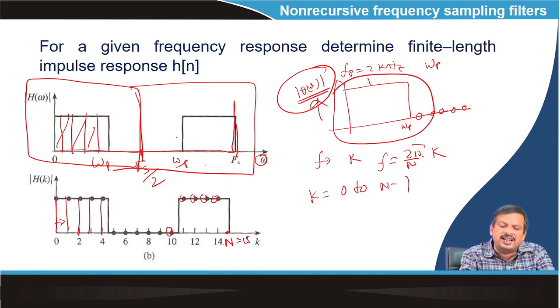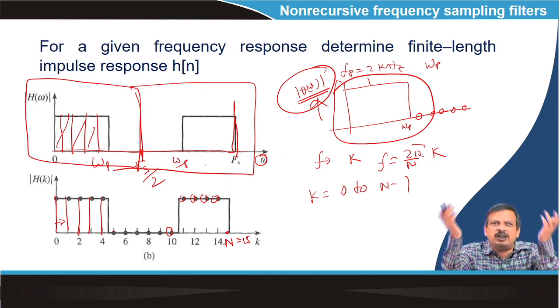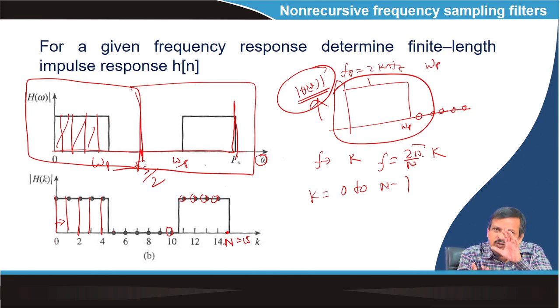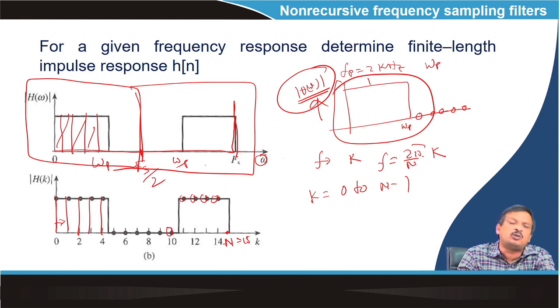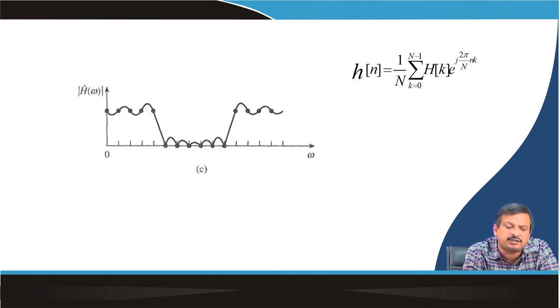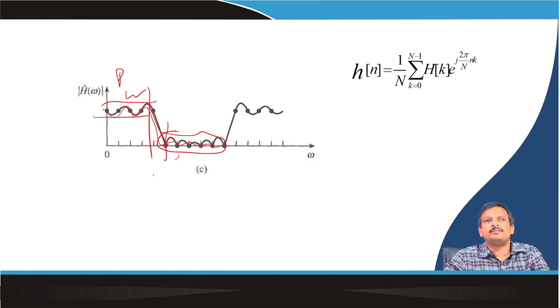So I take a finite number of frequency samples, N equal to 15, maybe N equal to 64, N equal to 320. But once I take it, take the inverse Fourier transform and design the filter, if we draw the frequency response of the filter, it will look like this. That introduces some ripple due to the finiteness, some ripple in the pass band, some ripple in the stop band, and also introduces some transition bandwidth. This is the symmetry property.